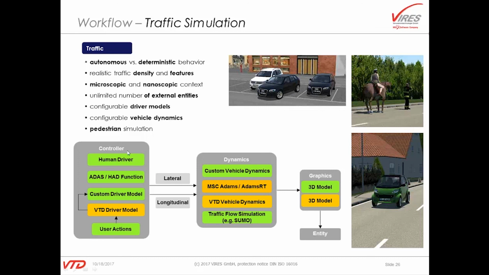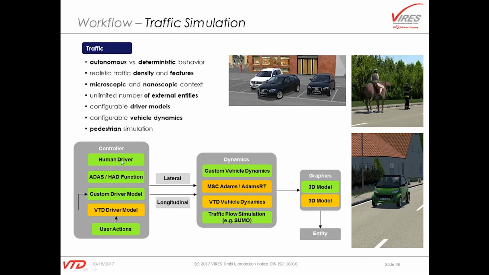And for the input side, there is always a controller attached to a vehicle. This may be either your highly automated driving or ADAS function. Depending on what kind of function it is, it may control both lateral and longitudinal axis, or just one of these axes. And the remaining axis may always be controlled by one of the other controllers.